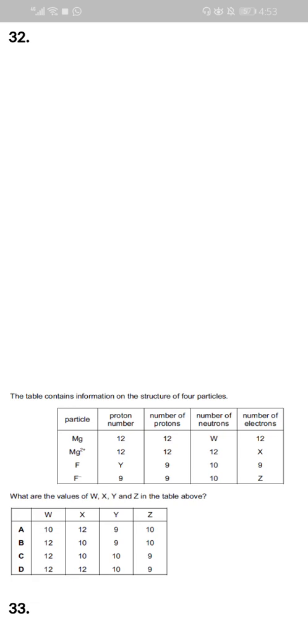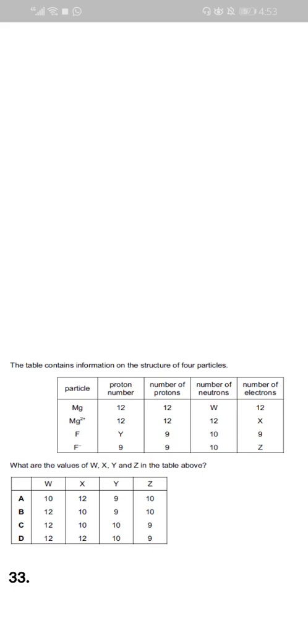For the number of neutrons, magnesium has Ar 24, so 24 minus 12 gives the answer 12. So in order to calculate the number of neutrons, you simply subtract the proton number from Ar.